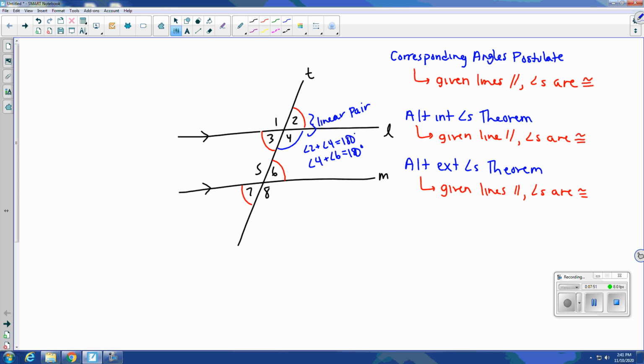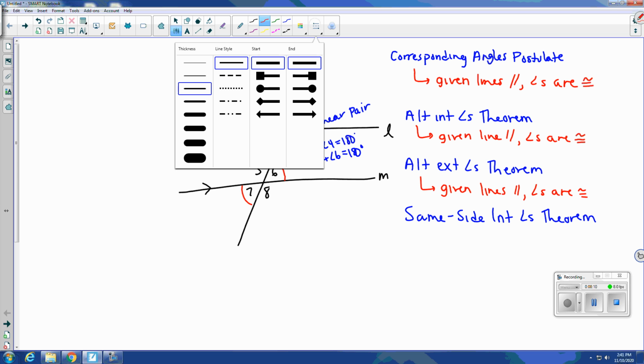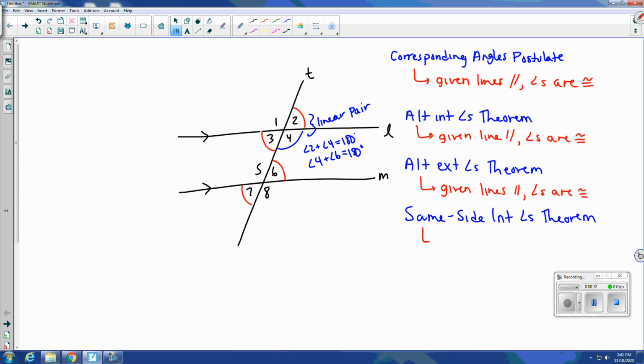because 2 is congruent to 6 because they are corresponding angles. So then we can make up another theorem that tells us that what we call same side interior angles are supplementary. But they're only supplementary given that the lines are parallel.